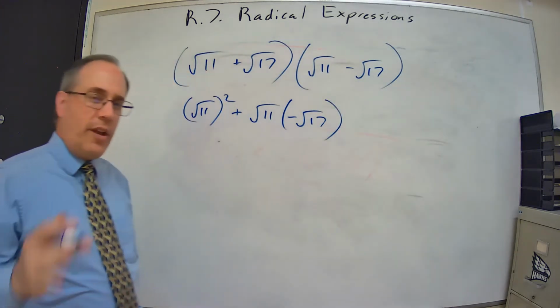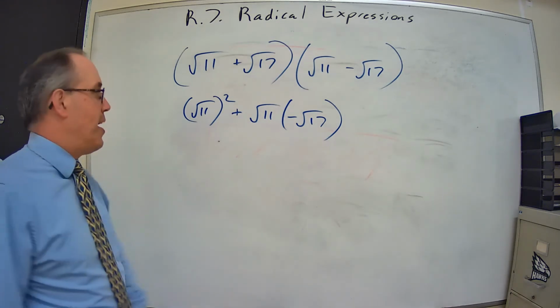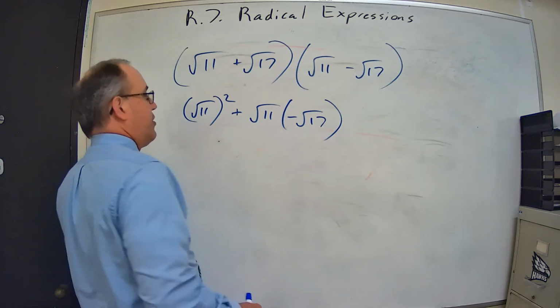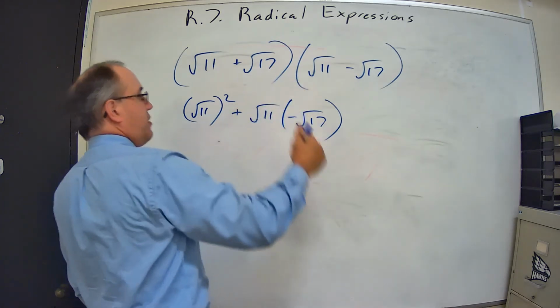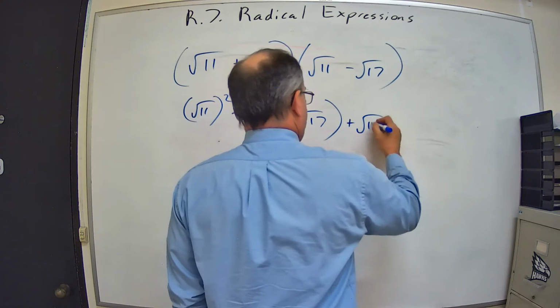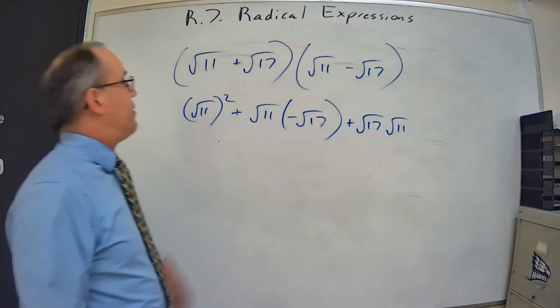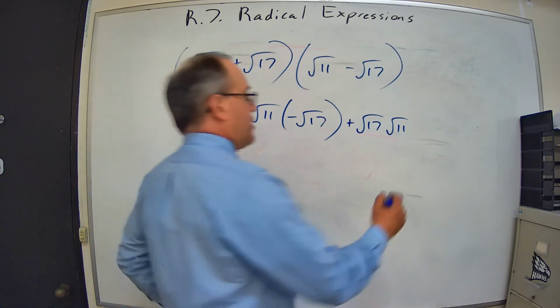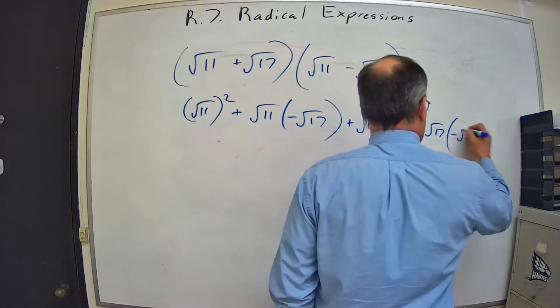I just didn't want to accidentally put the negative inside the radical because that would be bad. So times the negative square root of 17, and then the inner plus the square root of 17 times the square root of 11. And then last, the square root of 17 times the negative square root of 17.